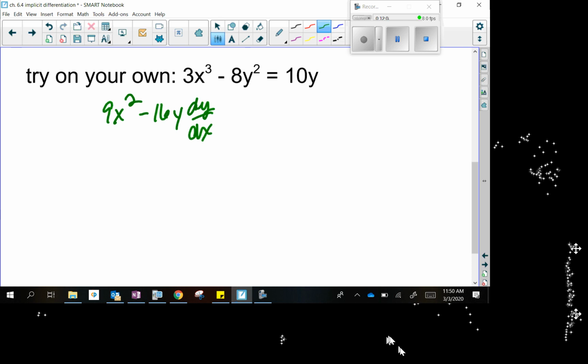And then equals 10y, so again, the derivative of 10y would be 10, but then again, it's the y, so we have dy dx. Okay, so now in order to isolate the dy dx, what's our method? How are we going to be able to get this by itself? Add 16, so then we get them both over here, and then what?